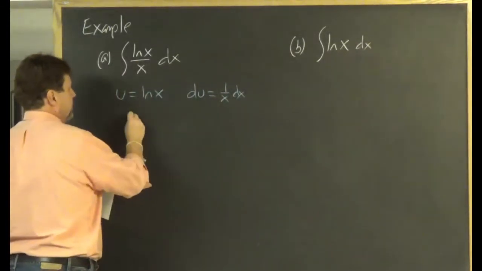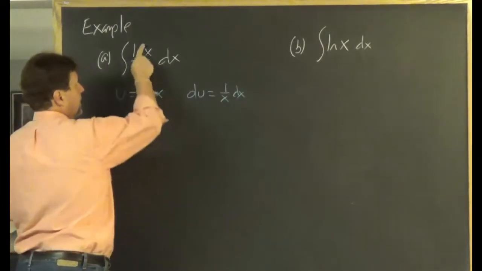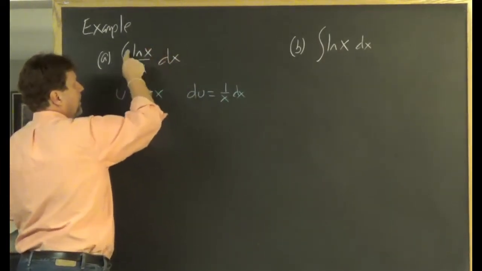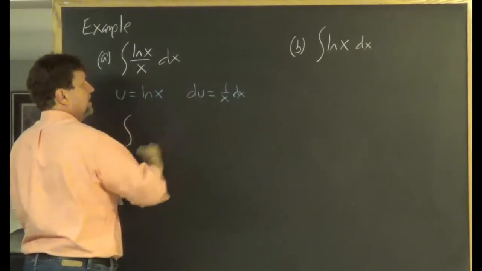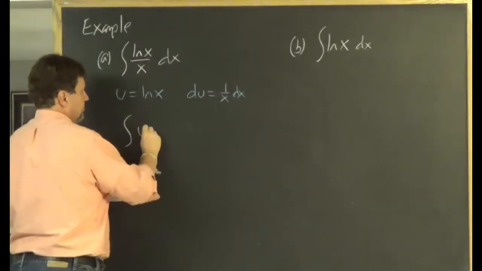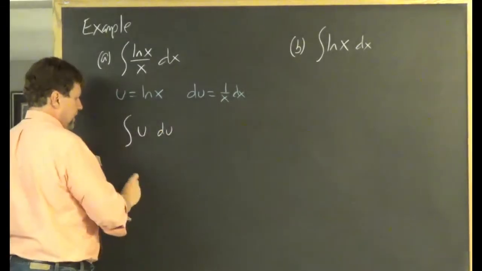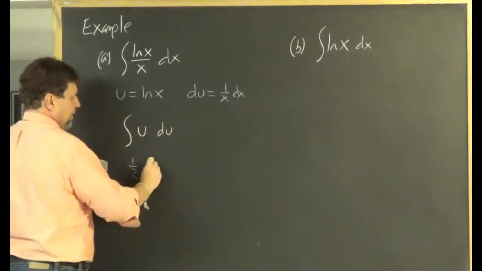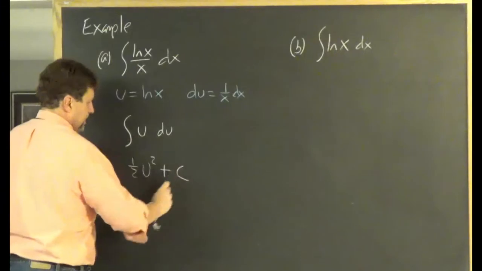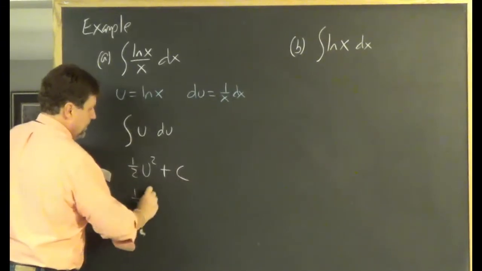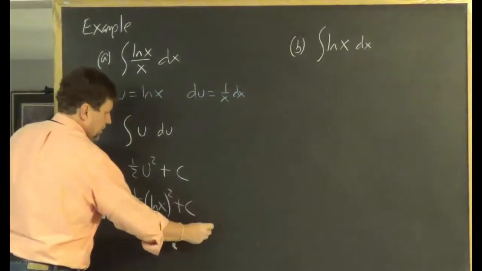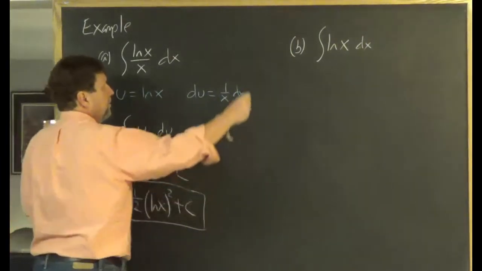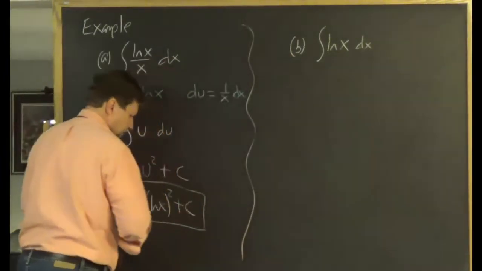So if I substitute in, that's my u, then the 1 over x dx is du. So I'm just integrating u du, which we know the antiderivative is 1/2 u squared plus c. Resubstitute. Boom, a basic u substitution.